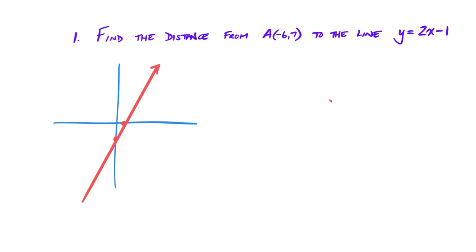When I do that, I now have a more accurate sketch for my line. And therefore, any conclusion that I might end up getting afterwards is going to be more accurate. Okay, there's my line. Now I want to try to be as accurate as I can with my point. Well, negative 6, 7 means I have to go across 6 and up just a little bit more. Maybe there is my location of point A.